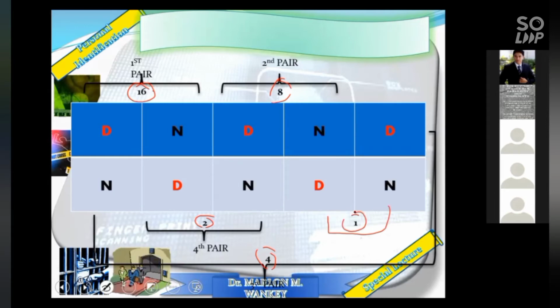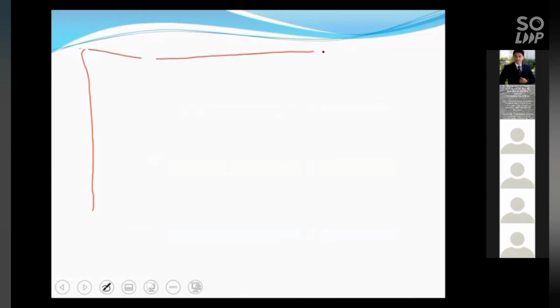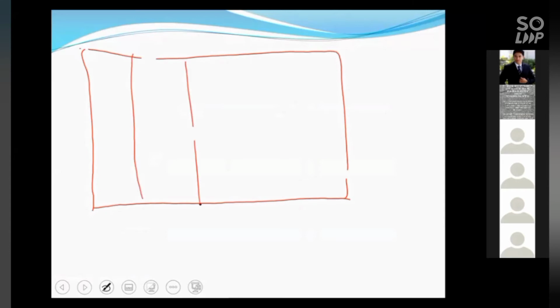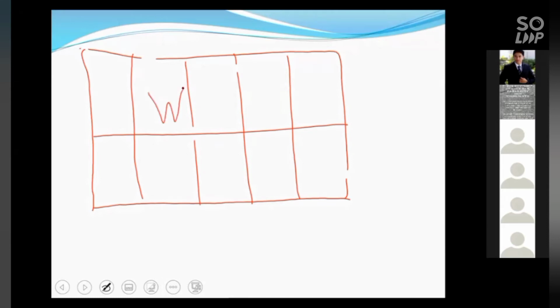Let me just make a blank sample here. Remember, ang primary classification natin ay kinukuha na lang natin yung mga whorls. Whorls lang. When we say whorl, you know the value, di ba?